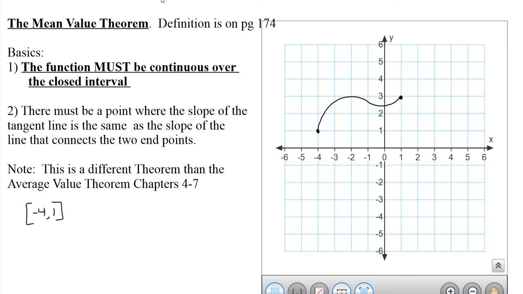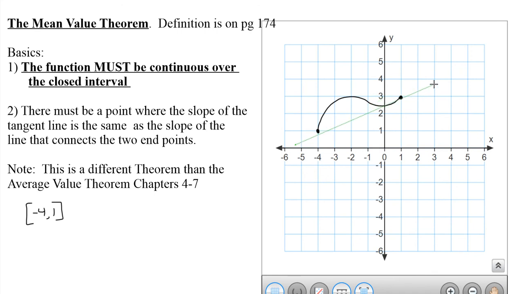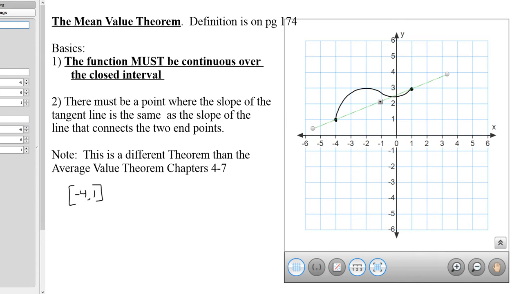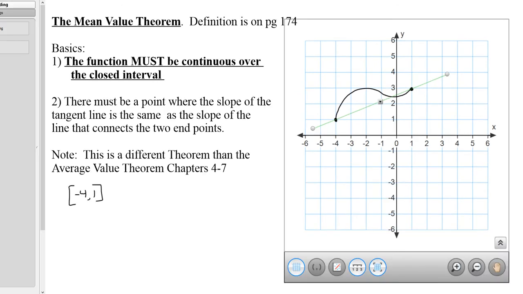So if I come in here and make a secant line, it might be too small for people to see, so I'll make it just a skosh thicker once I get it where I want it. Properties, that's not what I want. Let me go back to here. Let's select these line properties. Page recording, graph settings.